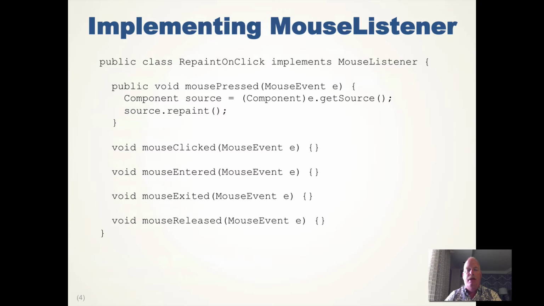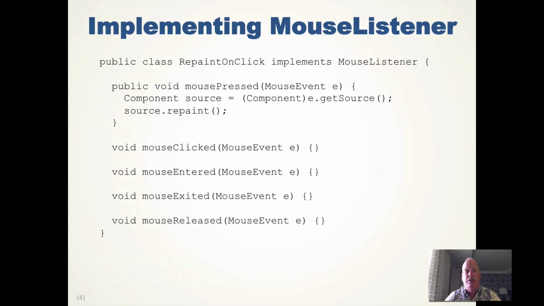We have to cast that to a component, and then we can call the repaint method, which causes the component to repaint, or request to be repainted, and that will eventually call paintComponent with the graphics instance, and then you can repaint yourself when the mouse is pressed. So this will refresh the screen or the component whenever you press the mouse.